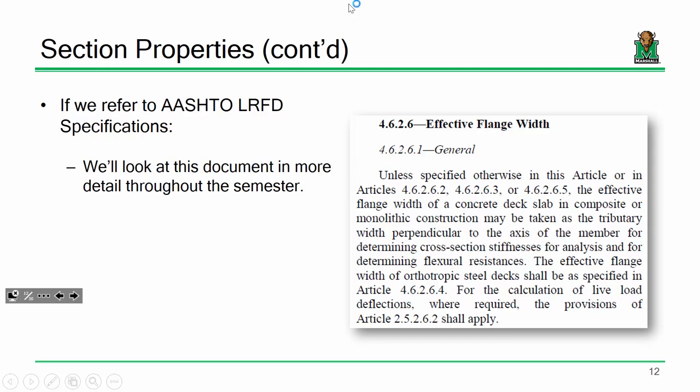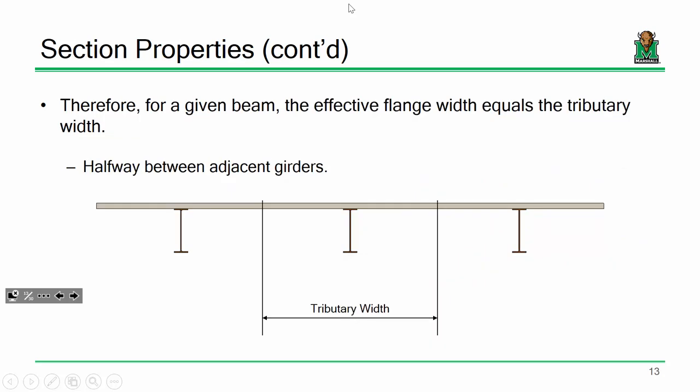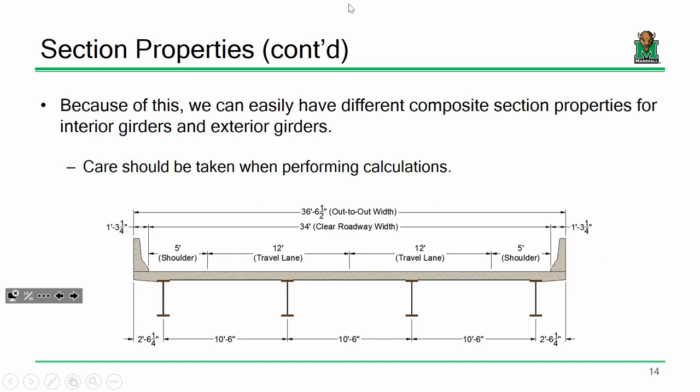You don't have Section 4 yet, or at least the pieces of Section 4 that you need. You will later when we start really digging into Section 4. For now, just take my word. I promise this comes from the AASHTO spec. All right. So ultimately, for effective flange width, it's just the tributary width, halfway between adjacent girders. And we went through and did that.